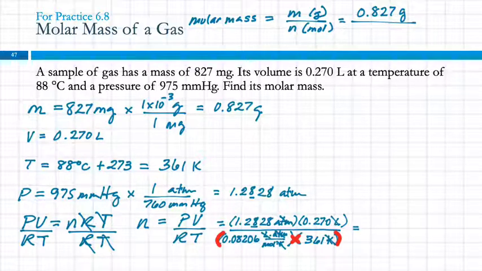So 1.2828 times 0.270 divided by, we use parentheses because that's what students like, 0.08206 times 361, close the parentheses, equals 0.011691 moles. It's a weird zero.